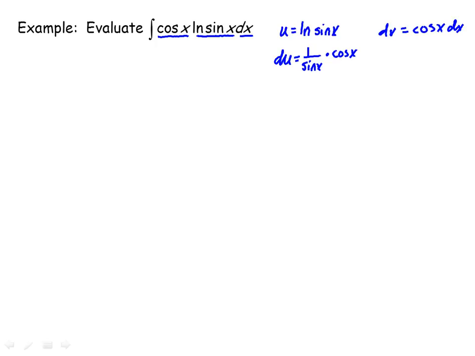That's Cal 1 stuff, guys. The derivative of natural log of u is 1 over u du. And you have to use the du here because u is not x. It's sine x. That's Cal 1.